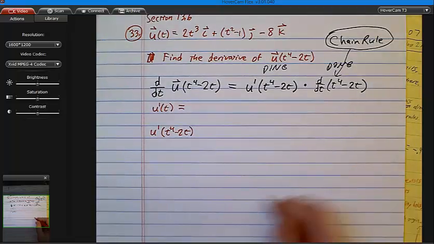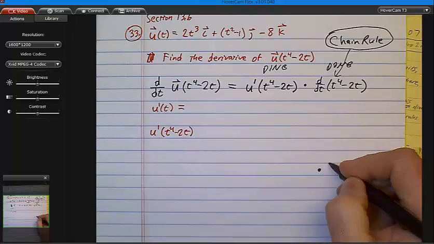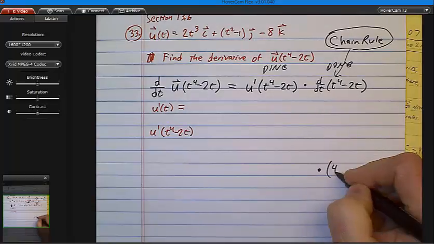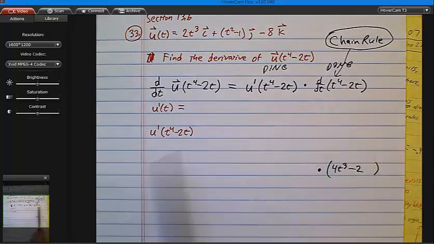And then for my final answer, I'm going to take whatever I had and multiply by 4t cubed minus 2, right? Because that's the derivative of this function. Make sense? All right, let's see.